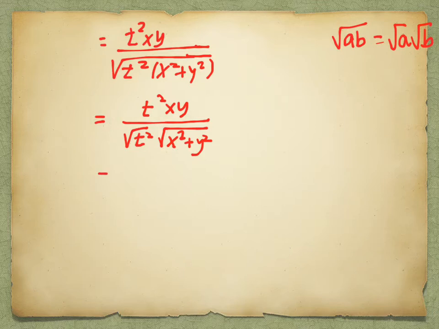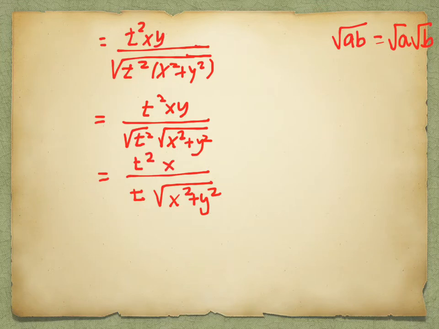All right, so that's good, because then I've got a square root in the denominator that looks exactly like the original square root in my denominator from my original problem, right? And what is the square root of t squared? That's t. Okay, now what?